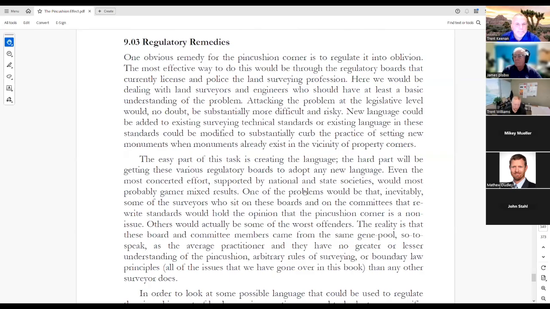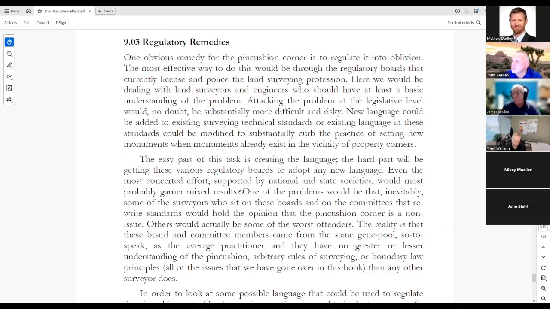Here we would be dealing with land surveyors and engineers who should have at least a basic understanding of the problem. Attacking the problem at the legislative level would no doubt be substantially more difficult and risky. New language could be added to existing survey technical standards, or existing language in these standards could be modified to substantially curb the practice of setting new monuments when monuments already exist in the vicinity of property corners.